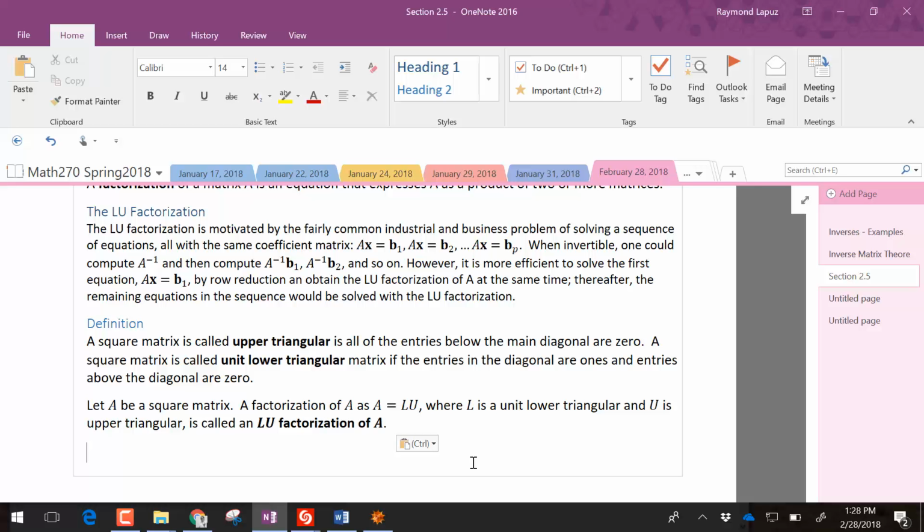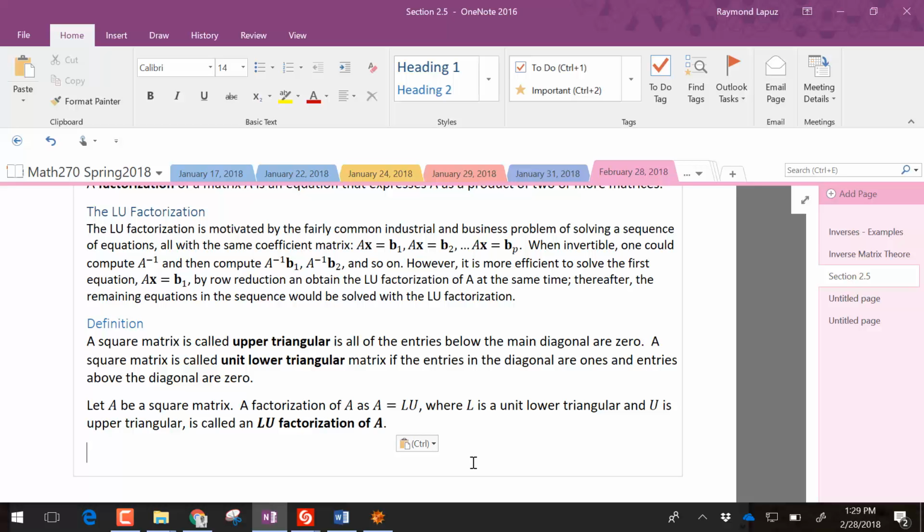So that's an upper triangular matrix. Now, L is not just a lower triangular matrix, it's actually a lower unit triangular matrix, which means it's got zeros on top and the main stuff only exists down below, but the unit says that the diagonal has to all equal 1. So the diagonals are equal to 1. That makes it a unit lower triangular.